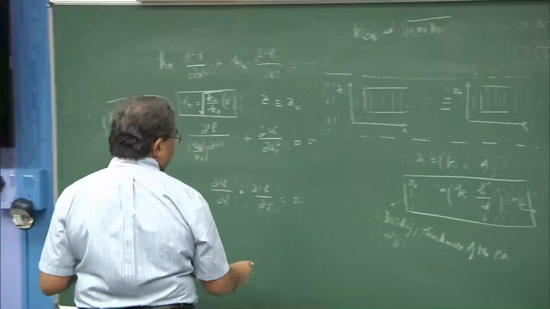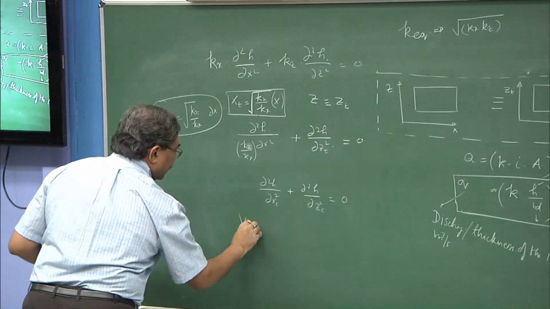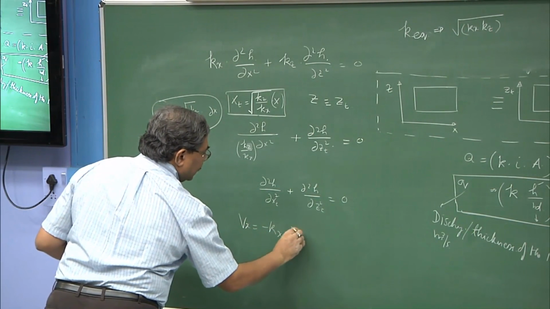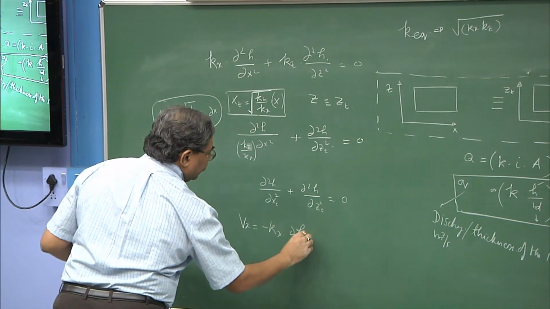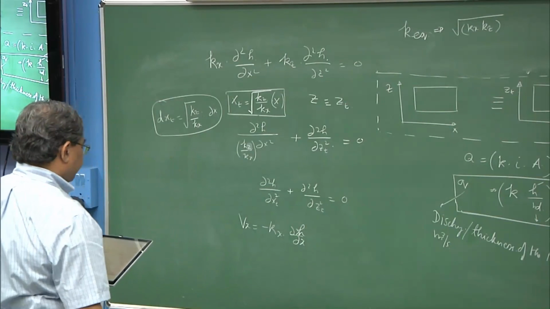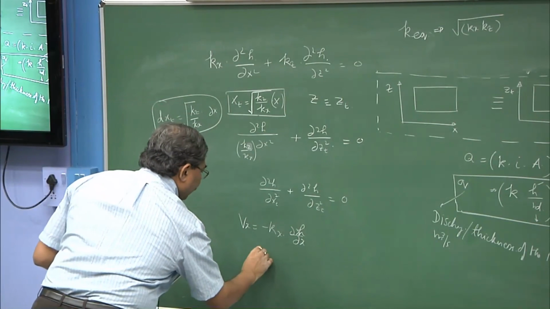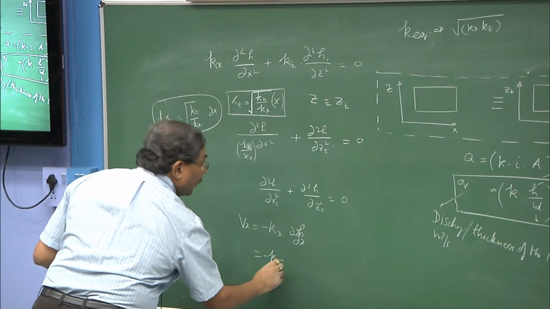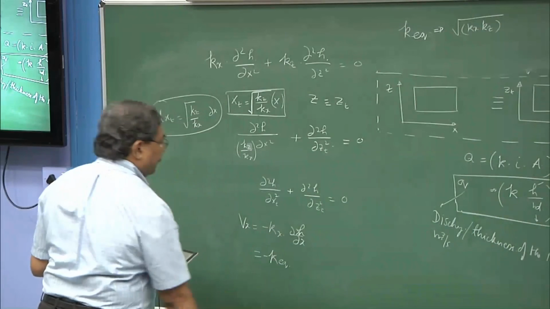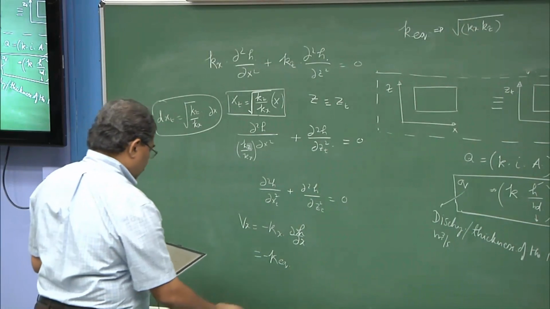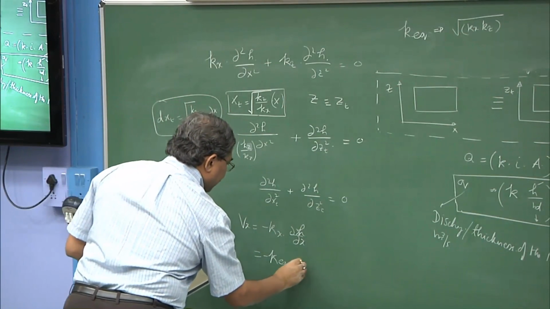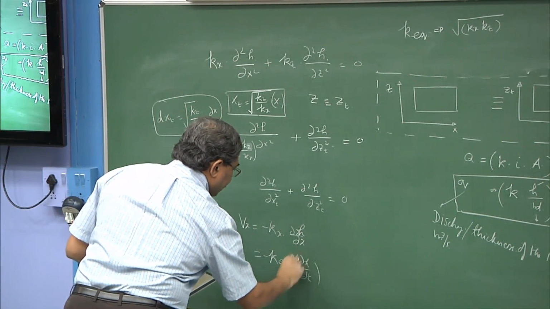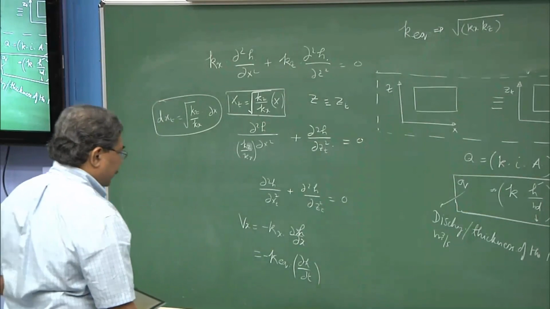Again you go back to the basics. So, V x is equal to minus k x into del h upon del x. Now, if I replace this term by k effective or equivalent, this will become del h upon del x t.